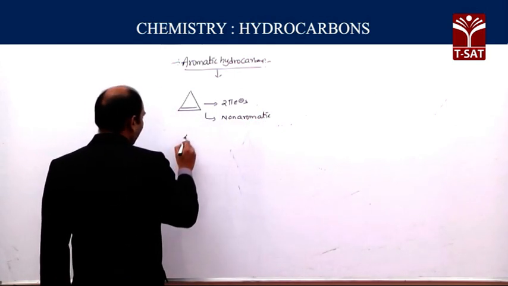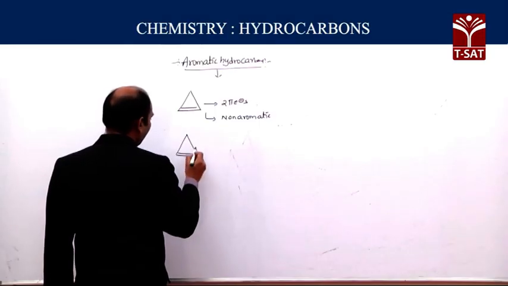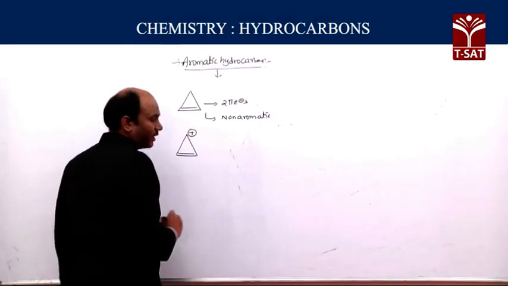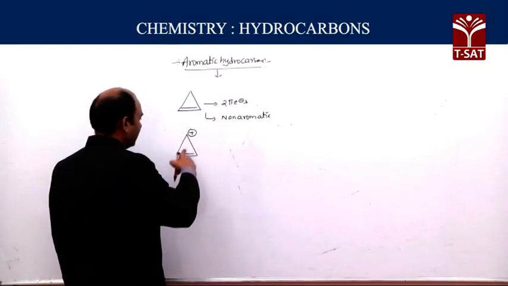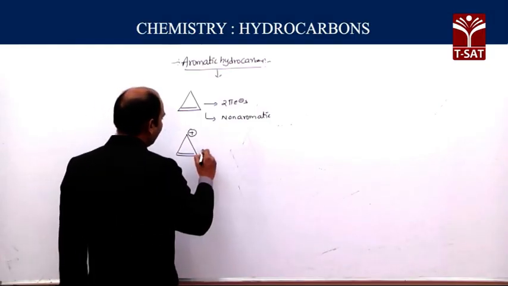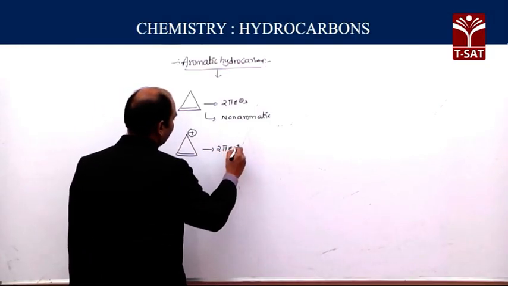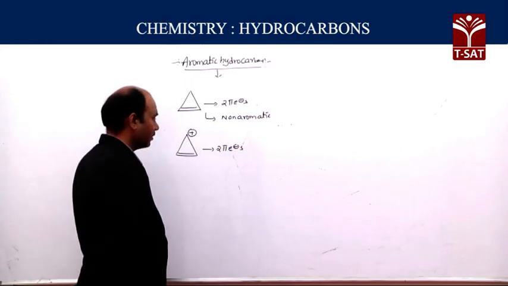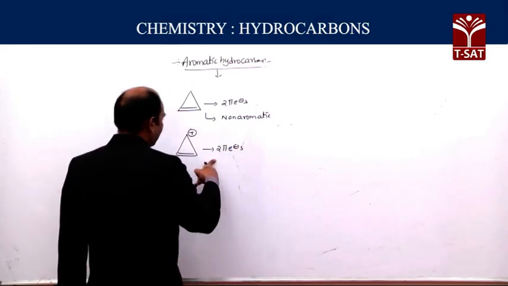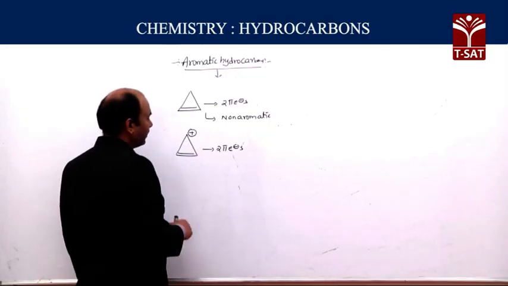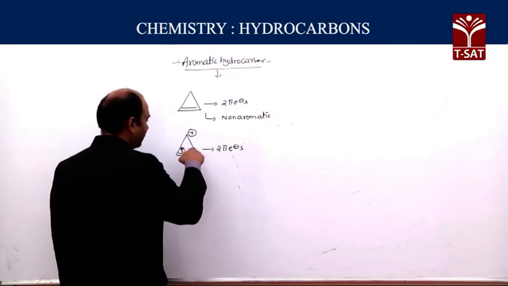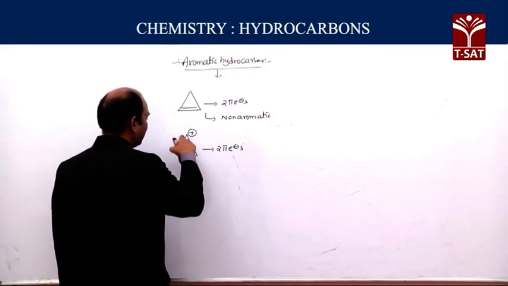If we take cyclopropene, this is the cyclopropenyl cation. Here plus means there are no electrons; it contains 2 pi electrons, and a conjugated system is present. It is cyclic: double bond, single bond, positive charge, single bond, double bond.